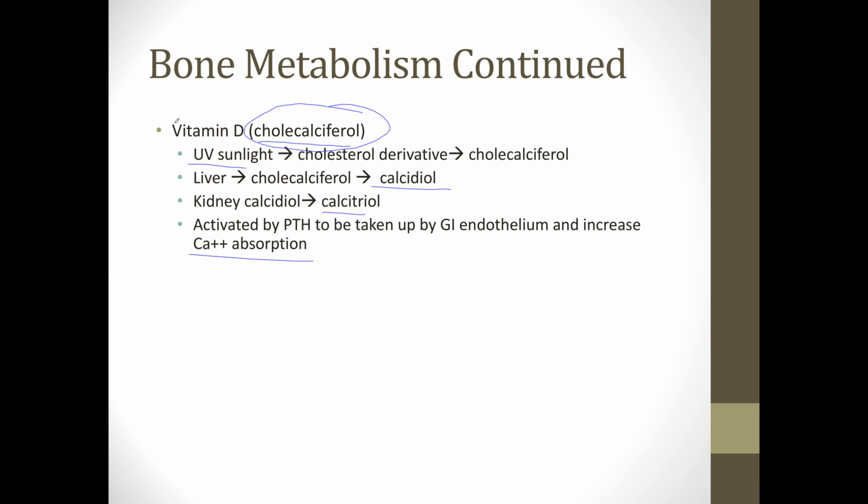Calcium and vitamin D, they go together in the same way that intrinsic factor binds to vitamin B12 so that we can absorb it. That's how vitamin D works with calcium. So you need to have vitamin D levels to have calcium being absorbed. If people are not getting adequate activation of their vitamin D because they are not going outside, they don't have sun exposure, they can take vitamin D tablets.